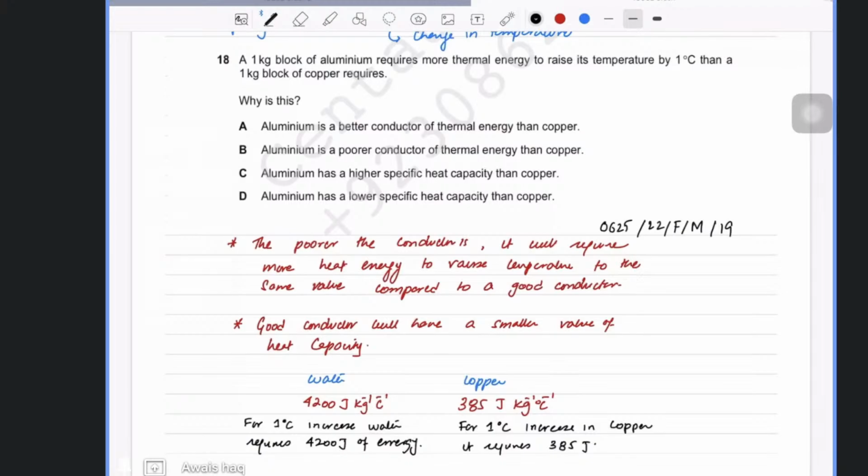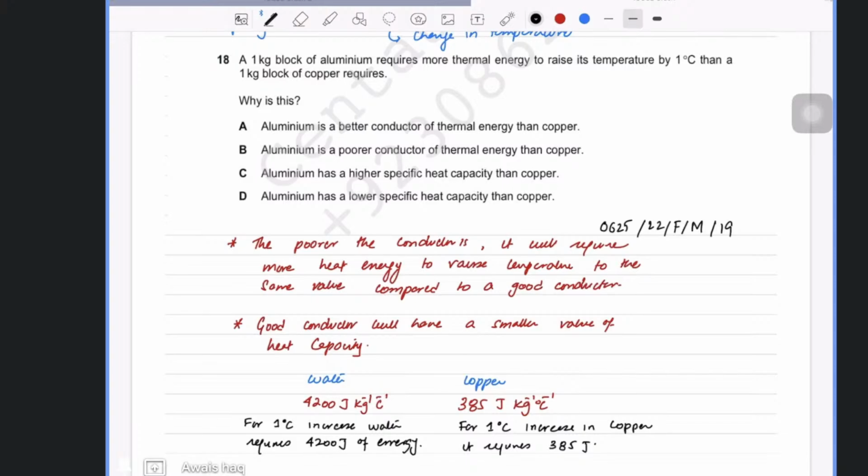Why can't it be C? Sir, it's D. Okay, why can't it be C then? That's my question. No, D, sir. If it was D, don't you think the statement is wrong, because it's talking about aluminum taking more thermal energy than copper? Oh, yeah.